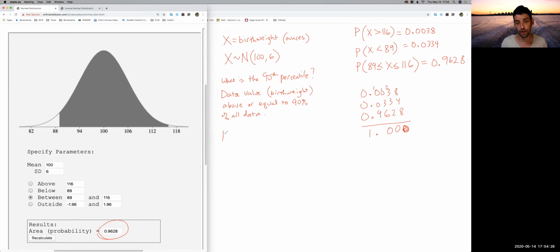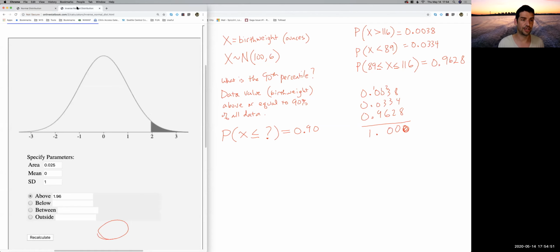In other words, we want to know the probability that X is less than or equal to some weight should be equal to 0.90. That's the number we're looking for, okay, right? So this calculator we have here won't do it for us. What we have instead is an inverse calculator. It just means we're going in the other direction. And it's just as simple to use this.